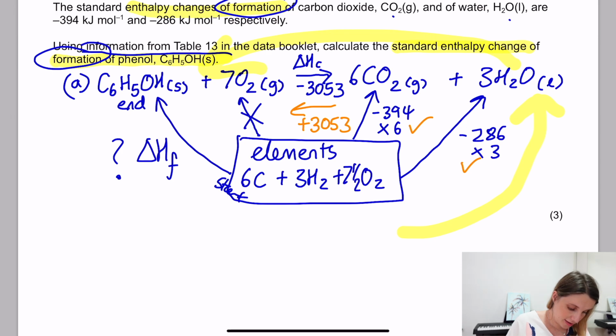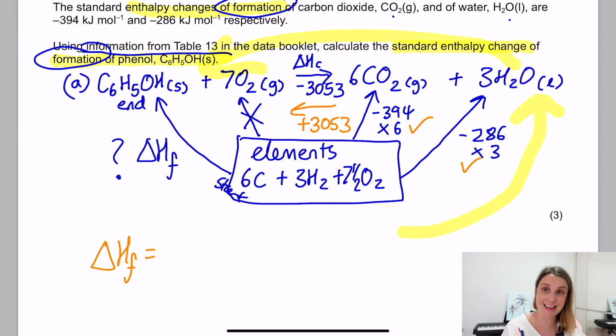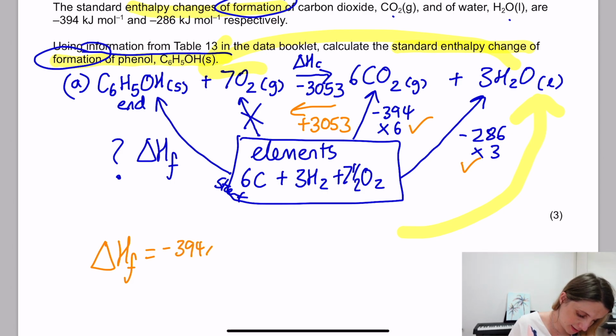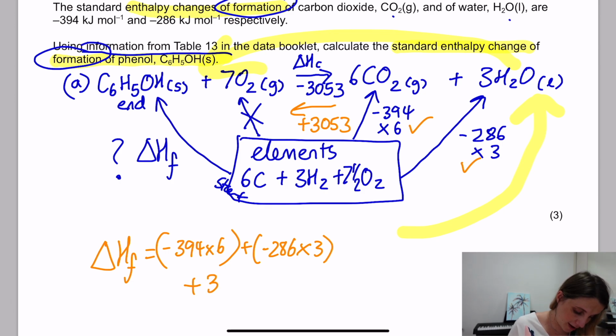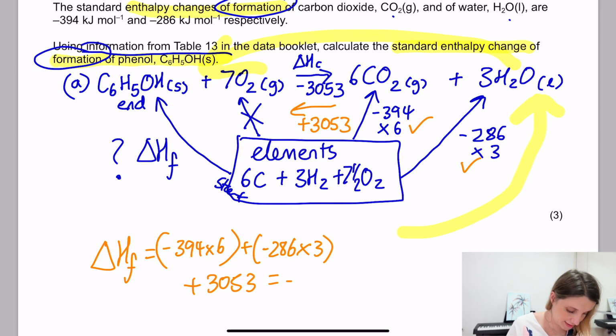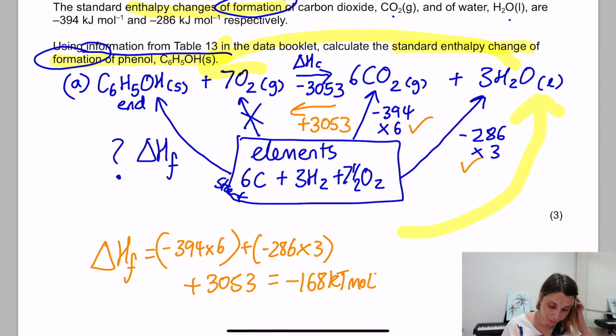So then, to get the overall delta H formation, I just need to add together all of these numbers, which is the minus 394 times 6 plus minus 286 times 3, and then plus the 3053, and that overall should give you minus 168 kilojoules per mole.